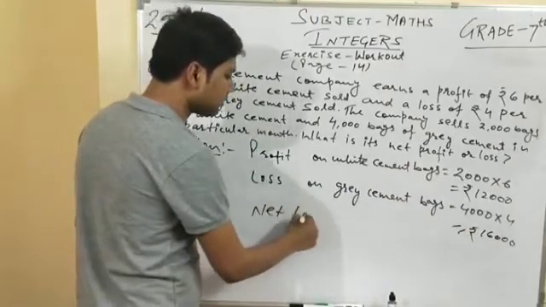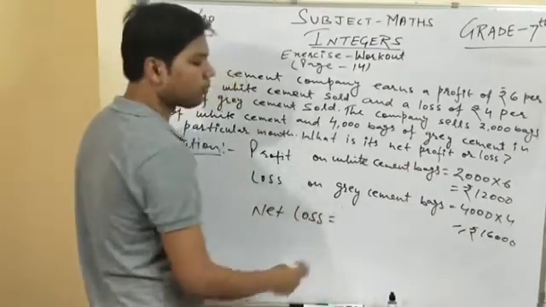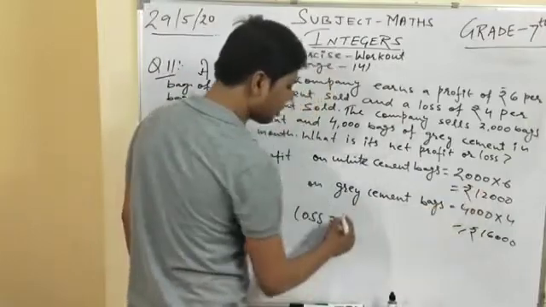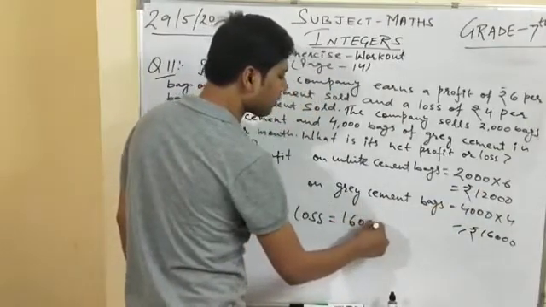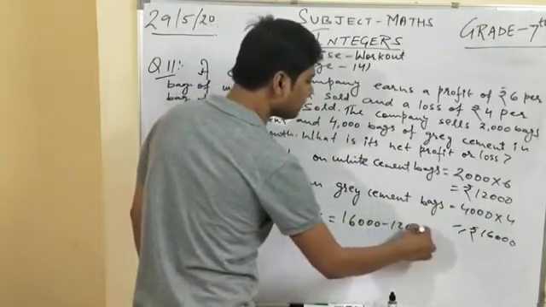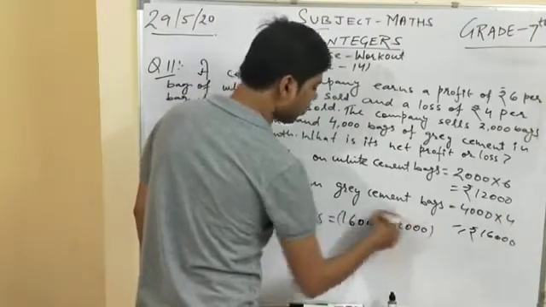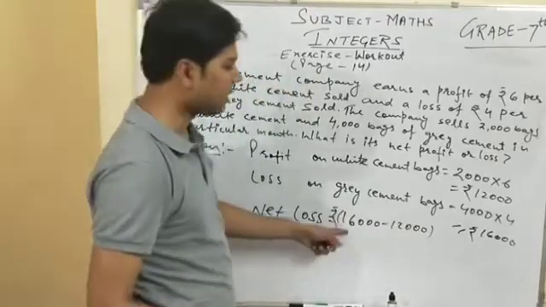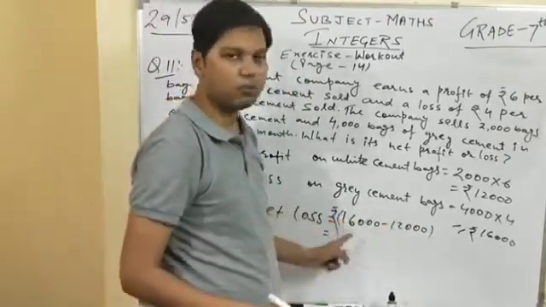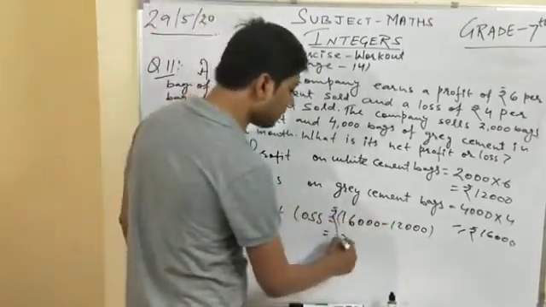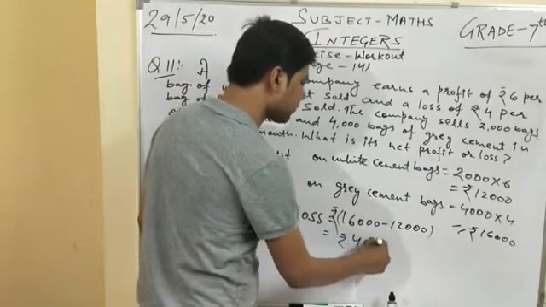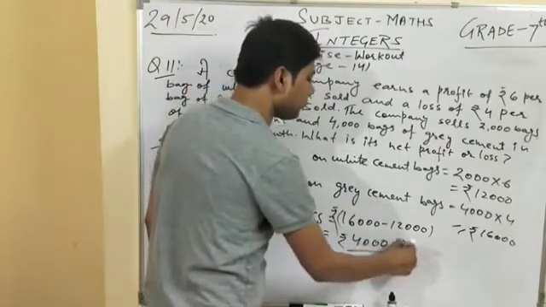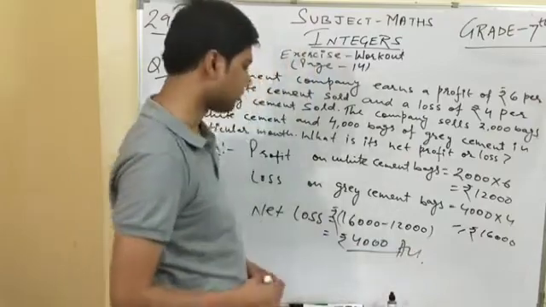Net loss is equal to 16,000 minus 12,000 rupees. Now when we subtract 12,000 from 16,000, what do we get? Rupees 4,000. It is the final answer.